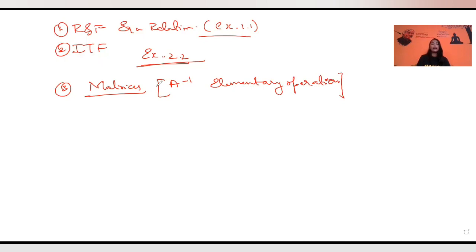So this is one question, and they ask two questions from matrices. One question will be on the elementary operation, and the other one will be on symmetric and skew symmetric matrix.